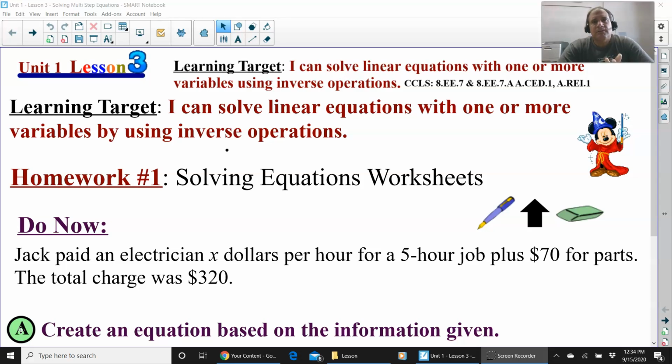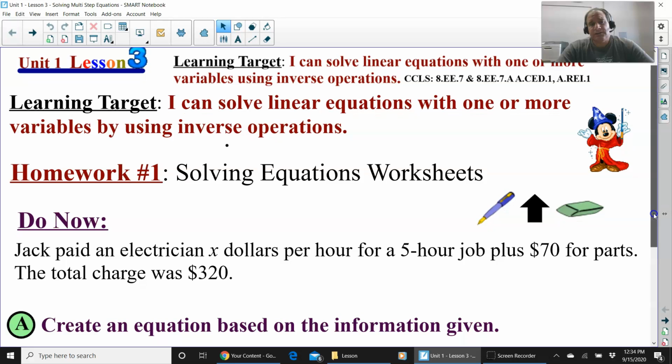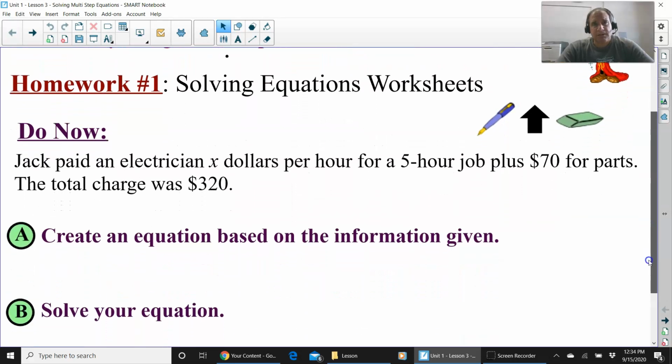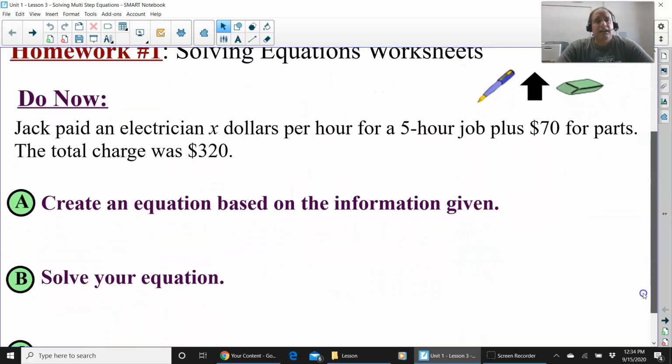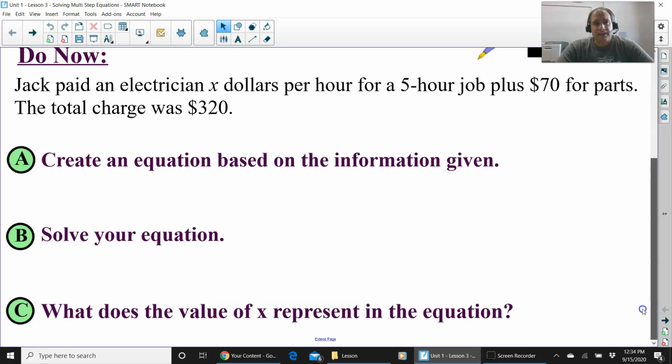So the Do Now says: Jack paid an electrician X dollars per hour for a 5-hour job plus $70 for parts. The total charge was $320. The question is asking you to create an equation for part A, then for part B, to solve that equation, and then for part C, what does the value of X represent?